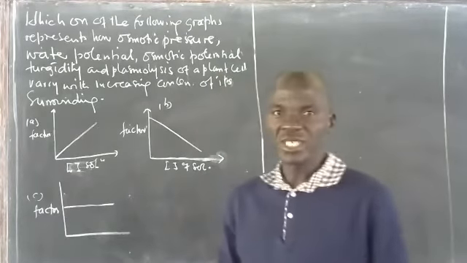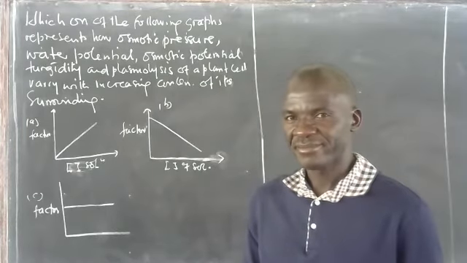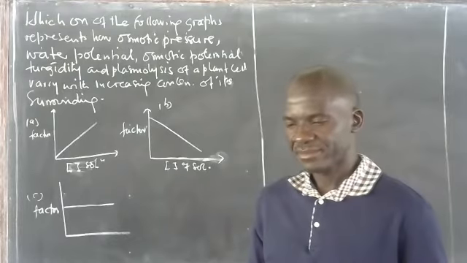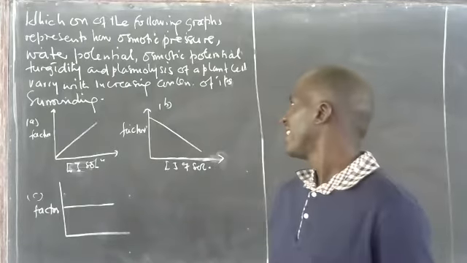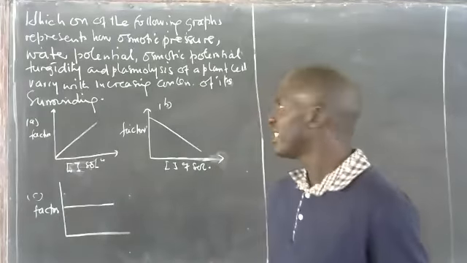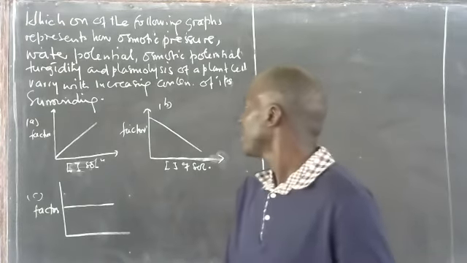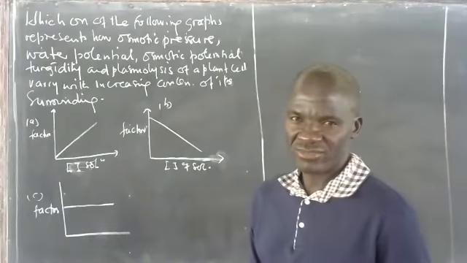Can you read what's on board? Yes. Okay. Now, if you can read what's on board, you should be preparing to give me answers. I'm asking you, I've drawn here 3 graphs briefly.